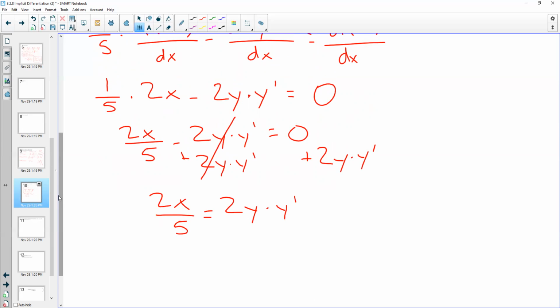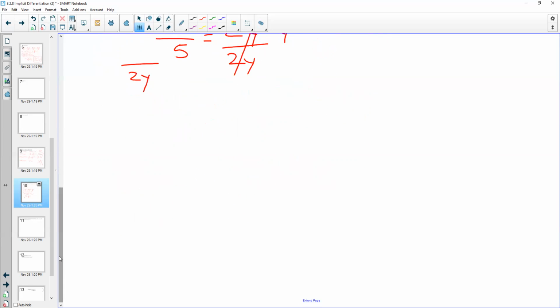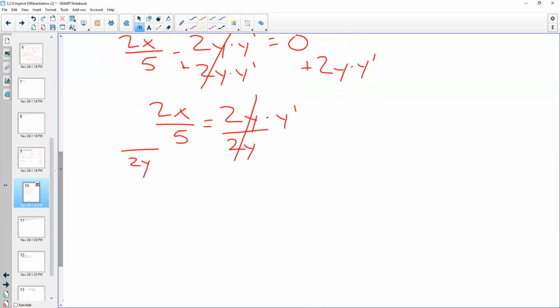We want to isolate for y prime, so we will divide by 2y on both sides. Those will cancel. So then we get y prime is equal to 2x over 5 multiplied by 1 over 2y. Same thing as dividing, right?